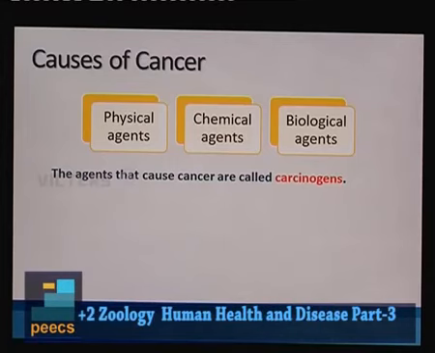So, biological agents are also causing cancer. Any agent which is causing cancer can be called a carcinogen. Any agent, whether it is physical, chemical or biological, any agent that causes cancer is a carcinogen.